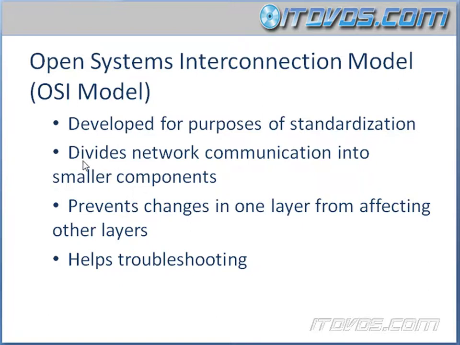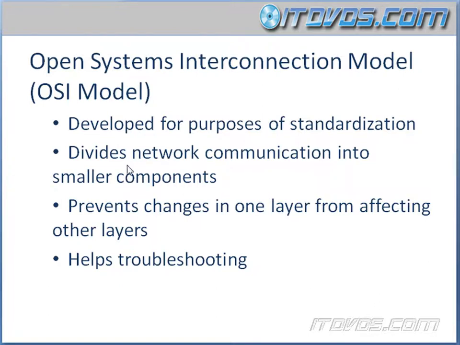Also, the OSI model helped to divide network communication into smaller components. A classic example of this is an office. For example, your office probably has an HR department, an accounting department, an IT department, and each of those departments have a specific function. In whatever department you work in, most likely you just focus on that particular function.